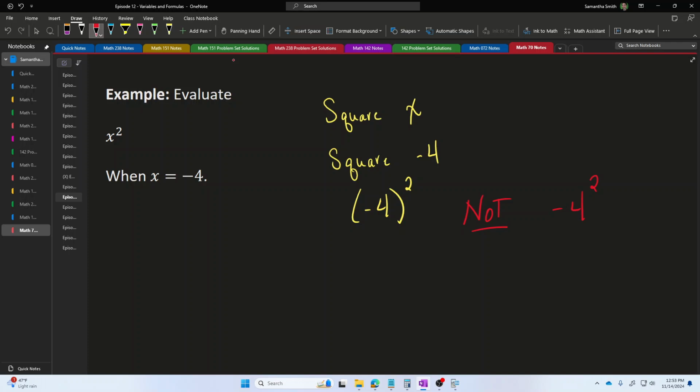This is only going to square the 4. If I want to square the whole quantity minus 4, I have to put the minus sign in parentheses. And that's going to give me the answer in the calculator of 16, whereas this one is going to give me an incorrect answer in the calculator, negative 16. That's not going to be quite right.